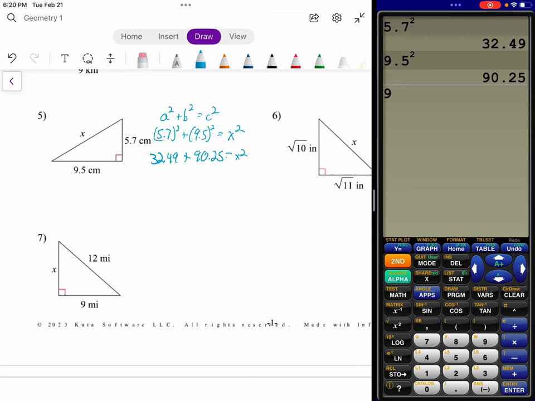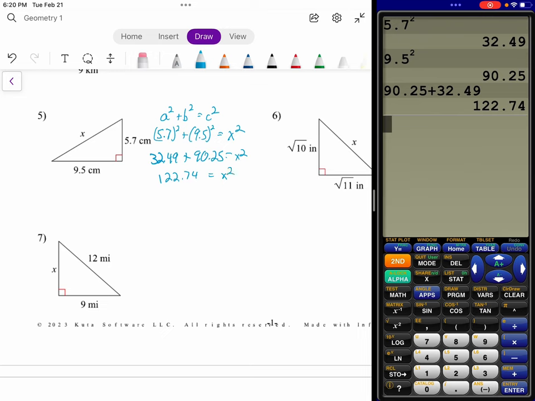So 90.25 plus 32.49. That is 122.74 equals x squared. And now what we need to do is take the square root of both sides. So in the calculator, we will do the square root of 122.74.